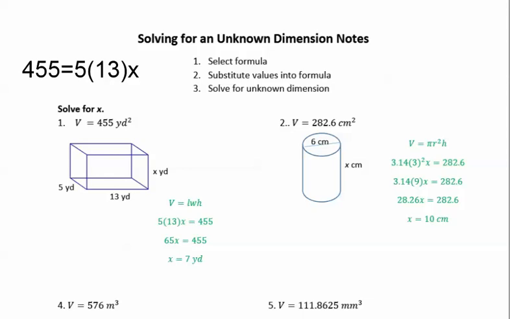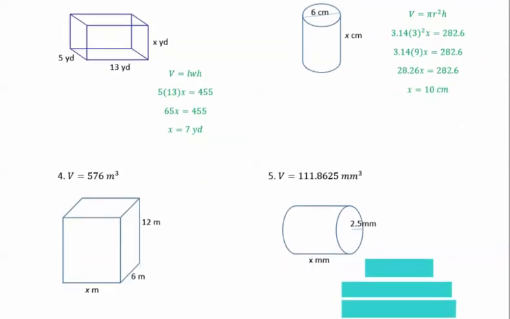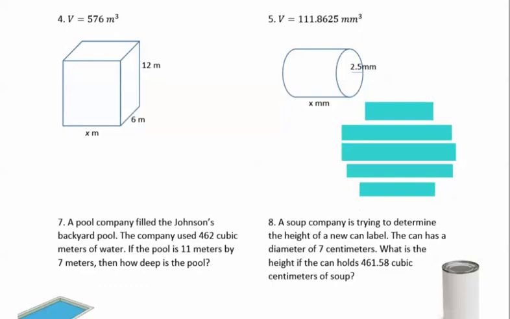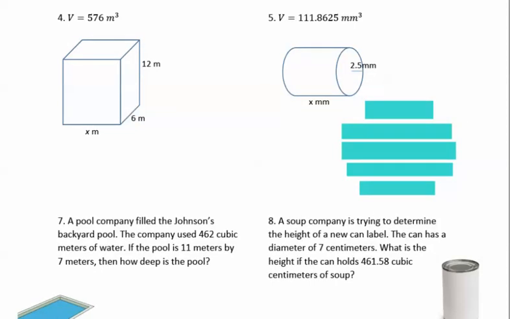All right. I'm going to do one more problem with you. I'm going to do another cylinder since they tend to be a little bit more extra work. Let's look at number 5. So again, we have a cylinder. We're given the volume. So we need to use our volume formula for a cylinder. So volume equals pi r squared h. I'm going to plug in my values.